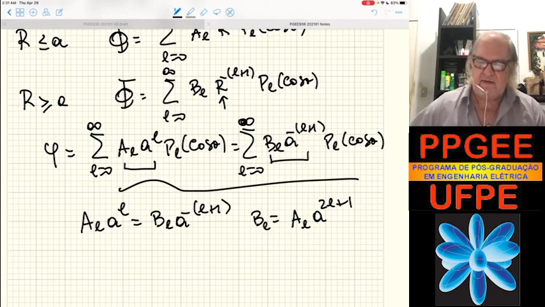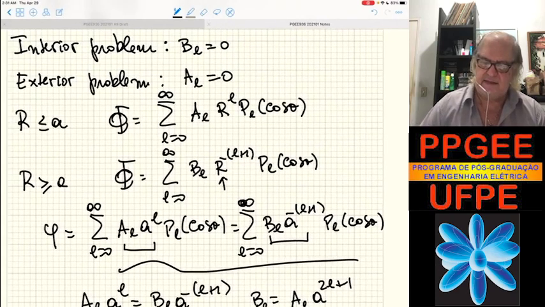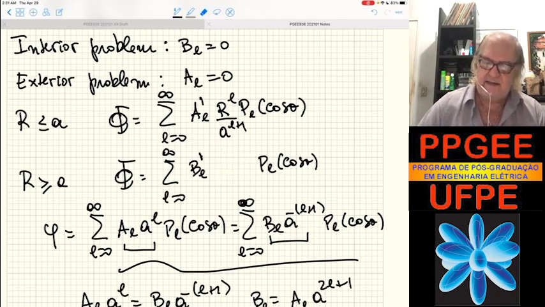So if I write the solution like this, AL prime r raised to L divided by a to the L plus 1, and I could put here BL prime, and I put here a to the L divided by r raised to L plus 1.